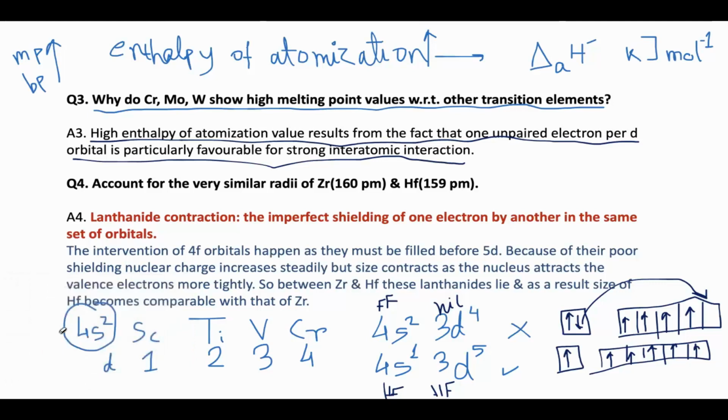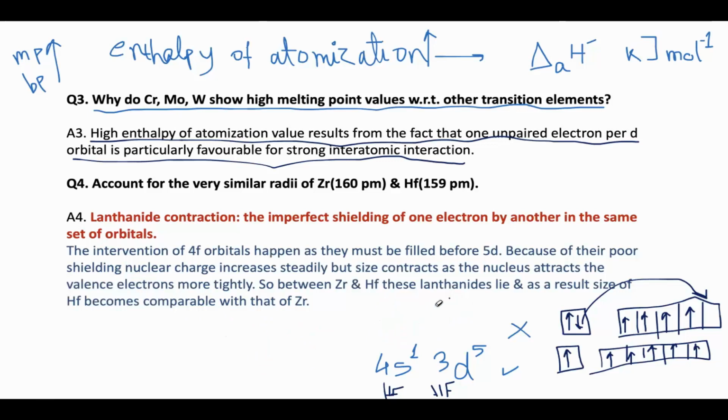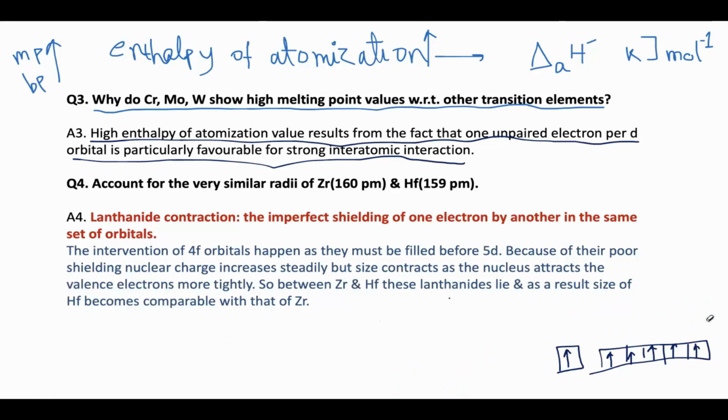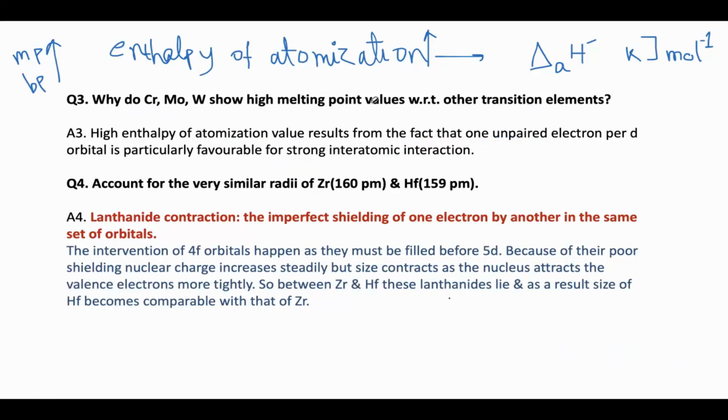So I hope with this quick discussion, you will be able to answer such questions where melting points or boiling points are asked in the exam, like which element has a high melting point, which has a low melting point, or vice versa.